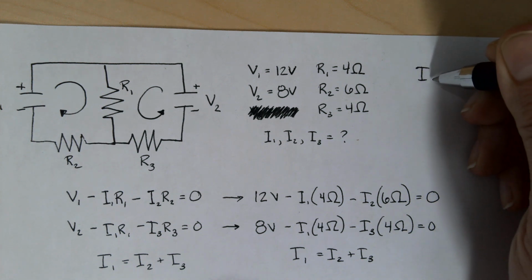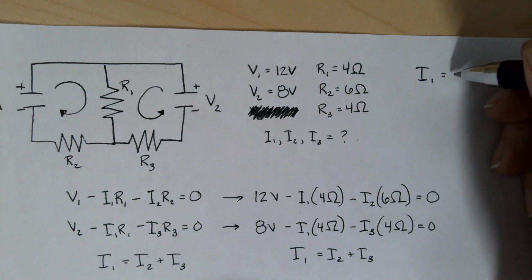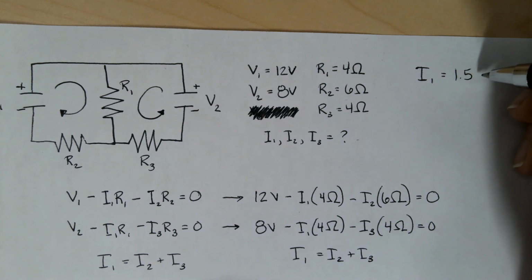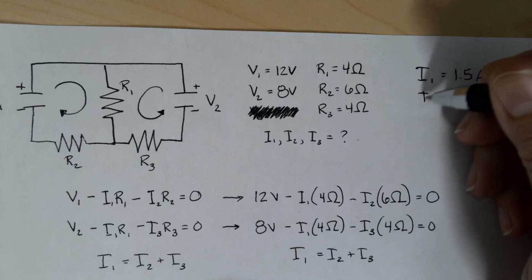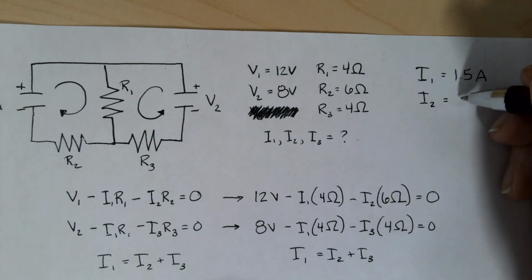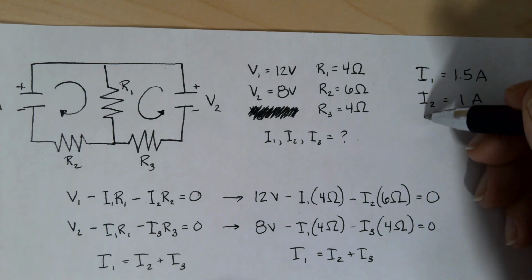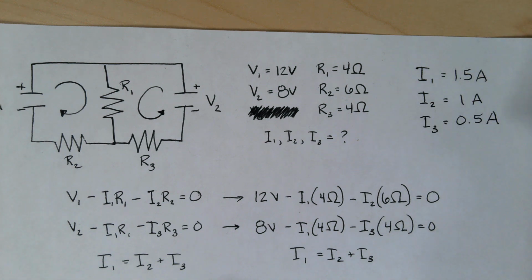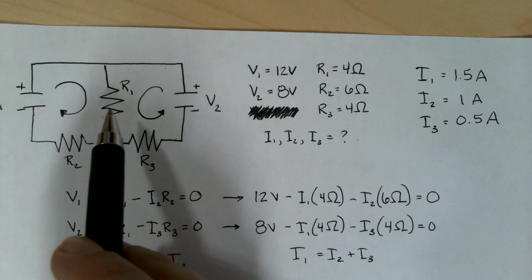I1 is equal to 1.5 amps. I2 is 1 amp. I3 is 0.5 amps.